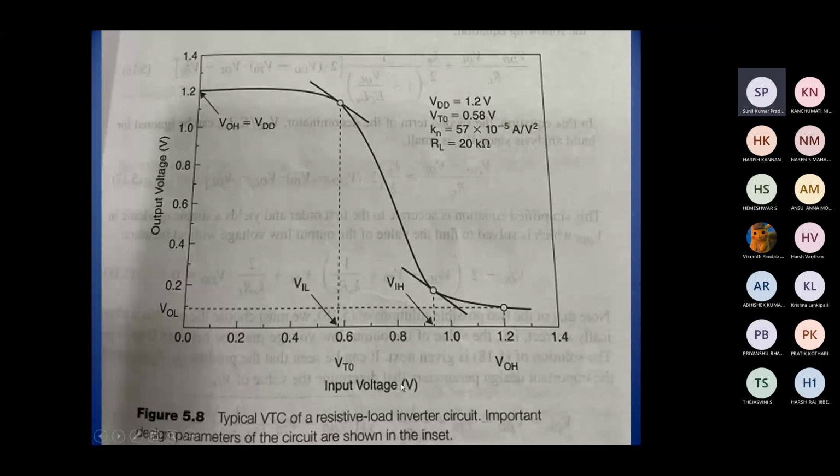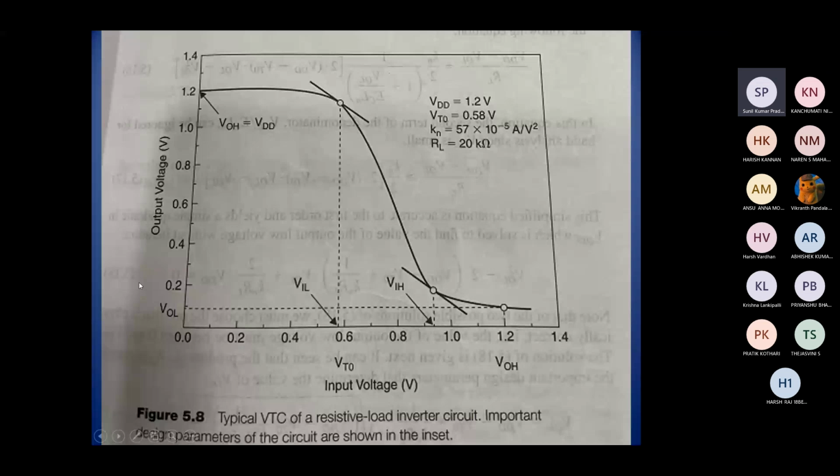So the y-axis, which is here, is the output voltage, which is taken into consideration when we plot the graph with respect to the input voltage V in. This input voltage is the independent variable, on the x-axis, and the output voltage V out is our y-axis.